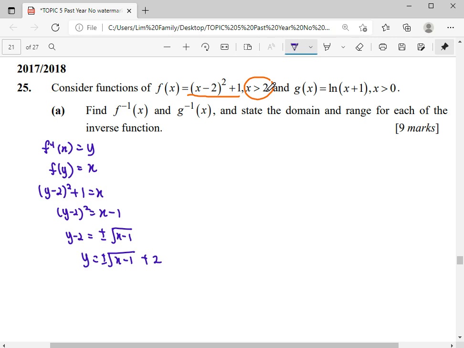Since x is greater than 2, my f inverse here will become positive square root of x minus 1, plus 2.